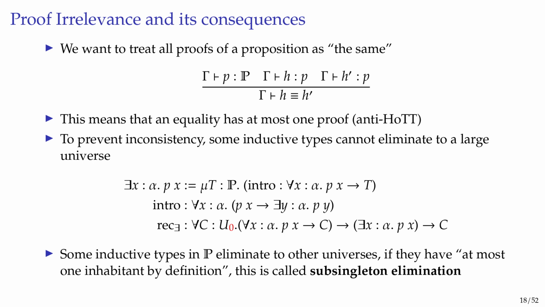Okay. And then we have the actual axioms. Question? Which types exactly can't do large elimination? If it is not a proposition, then it can large eliminate.